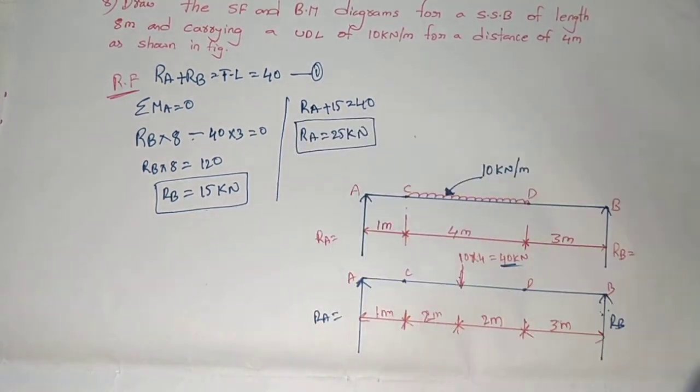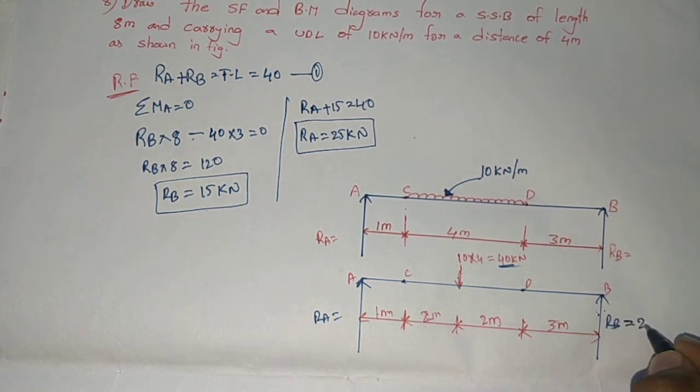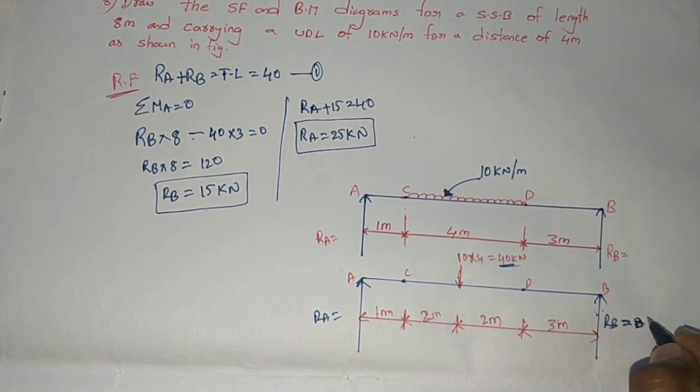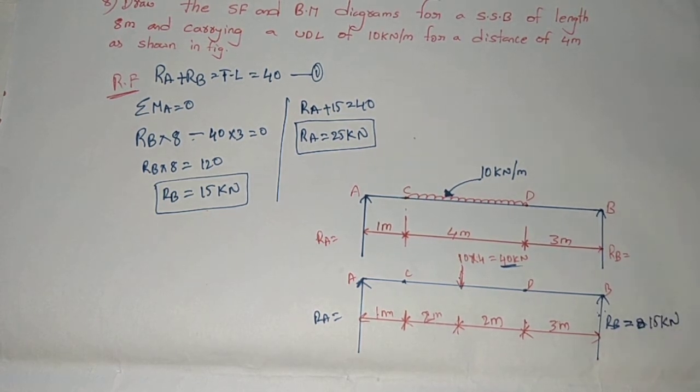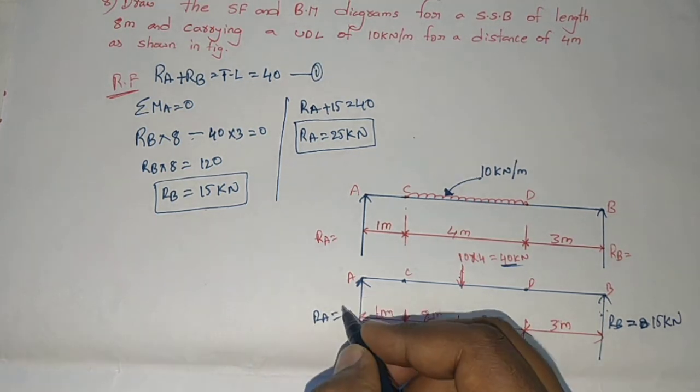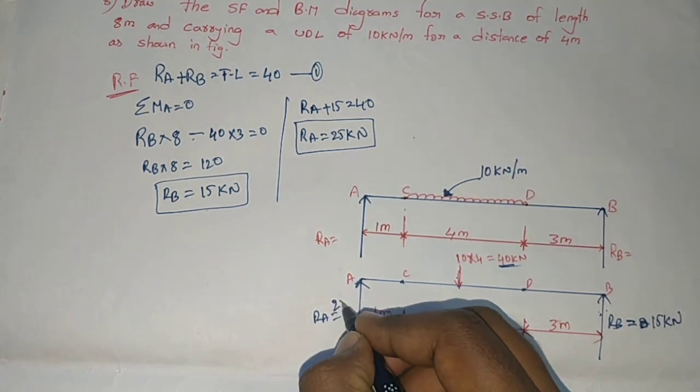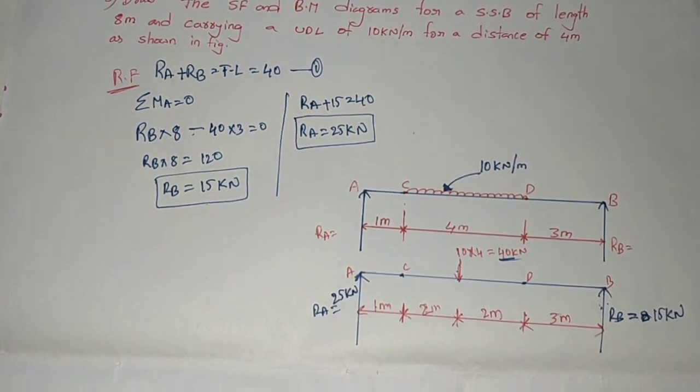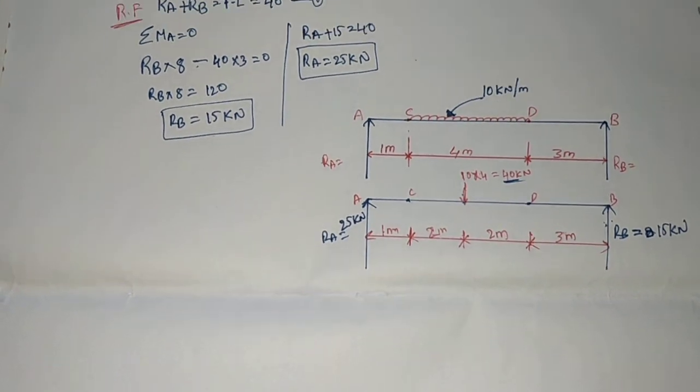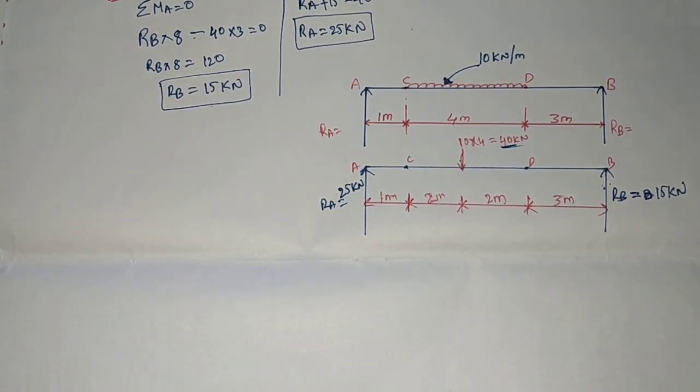Up to now we have calculated the reaction forces: RB is 15 kilonewtons and RA is 25 kilonewtons. From this we need to calculate the shear force values.